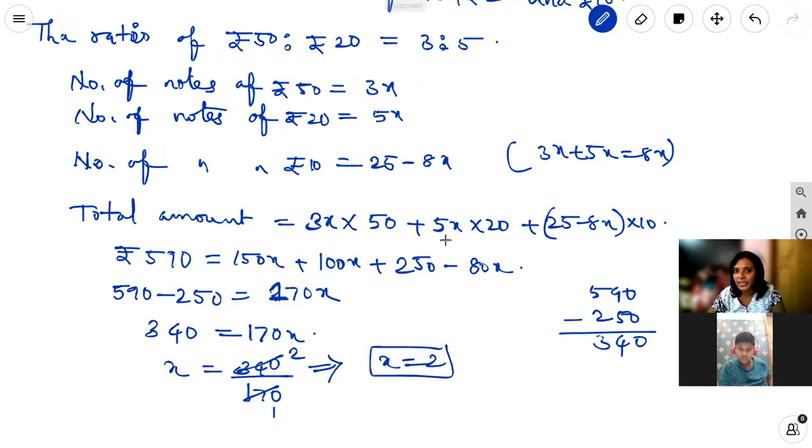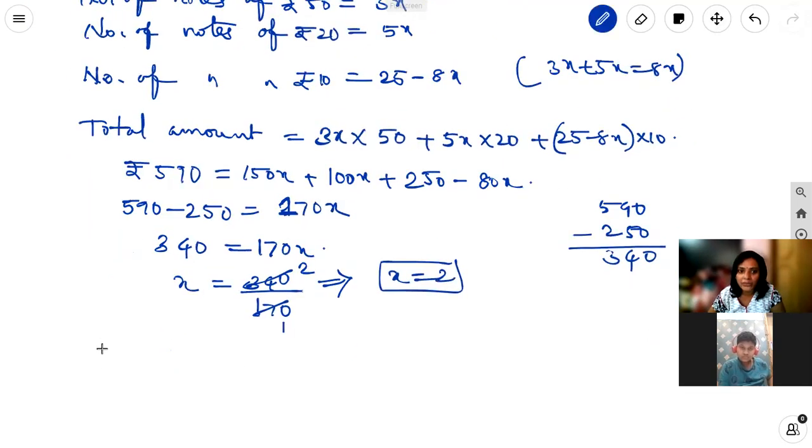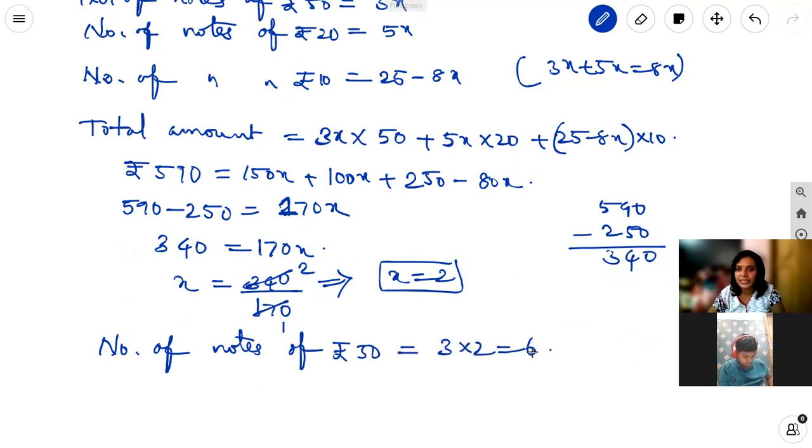So x is the common factor between the 50 and 20 rupees notes. Now we get the number of notes of 50 rupees: 3 into 2 equals 6, so 6 fifty rupee notes.